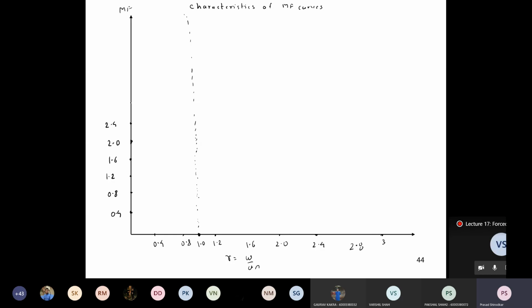So try to understand how to construct these graphs. 2.8 and so on. Now again we are going to construct a horizontal axis.